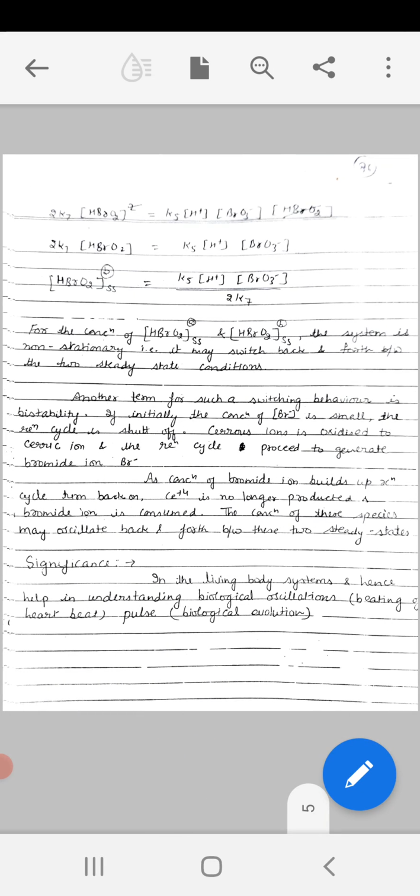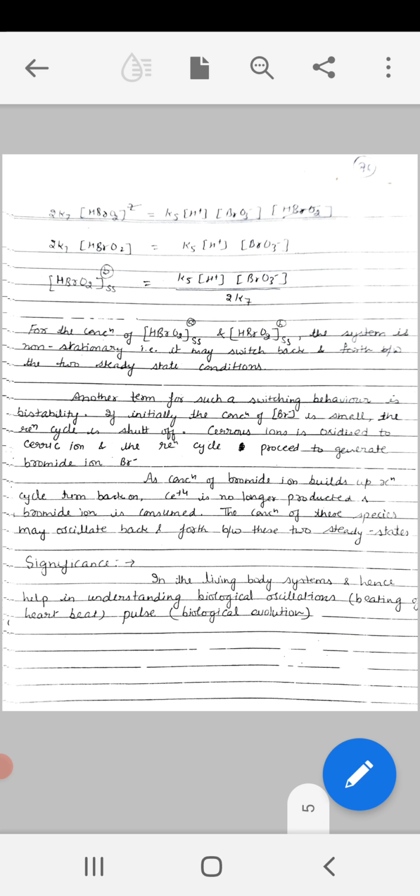When Br concentration is much less than HBrO2 concentration, then in equation 3, the first term and second term can be neglected, since Br ion is too small to deplete the HBrO2. So we can write K5 H ion concentration into BrO3 concentration minus K7 into HBrO2 concentration, the whole square is equal to 0.